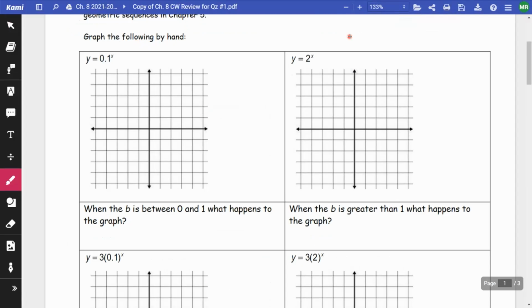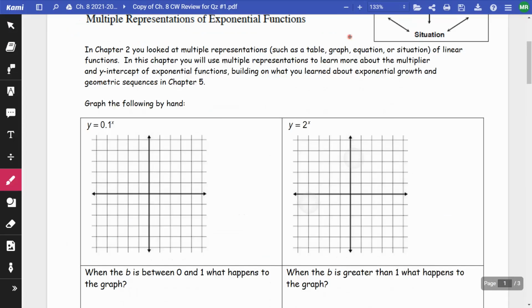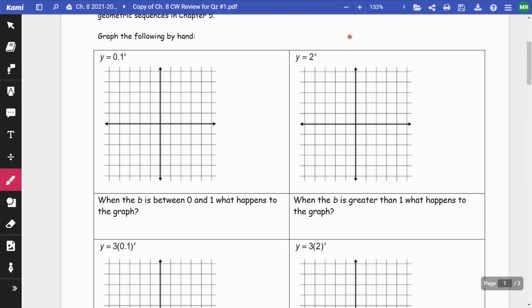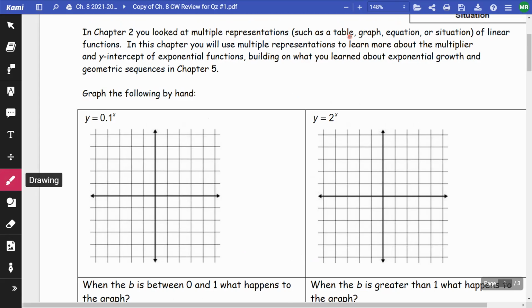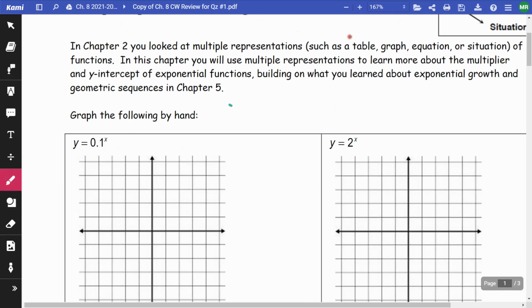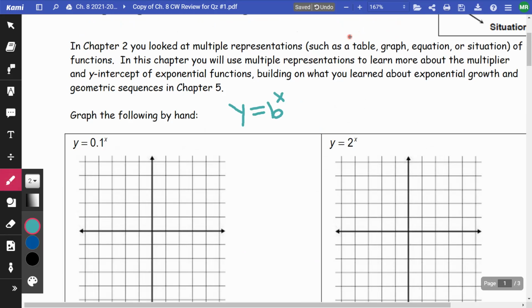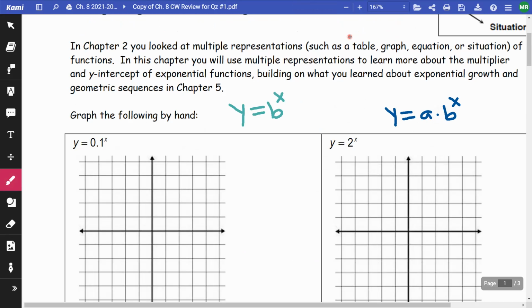So in this situation, when we are doing these graphs, you want to pay attention to the equation that they're giving you. So they might give you an equation in the form y equals b to the power x. Or they might give you an equation where you have y equals a times b to the power x.